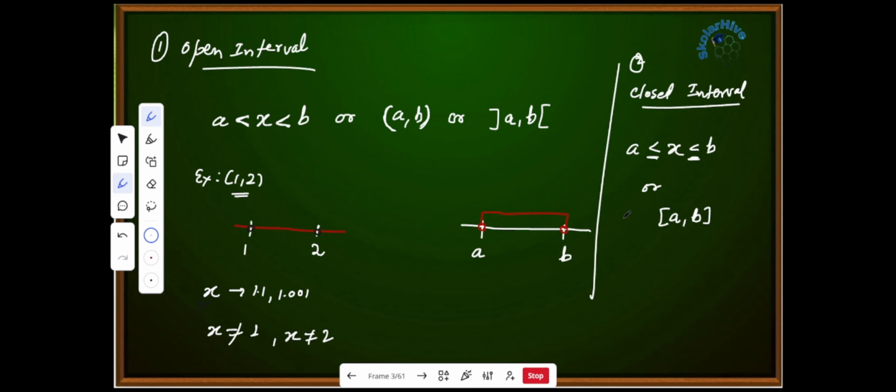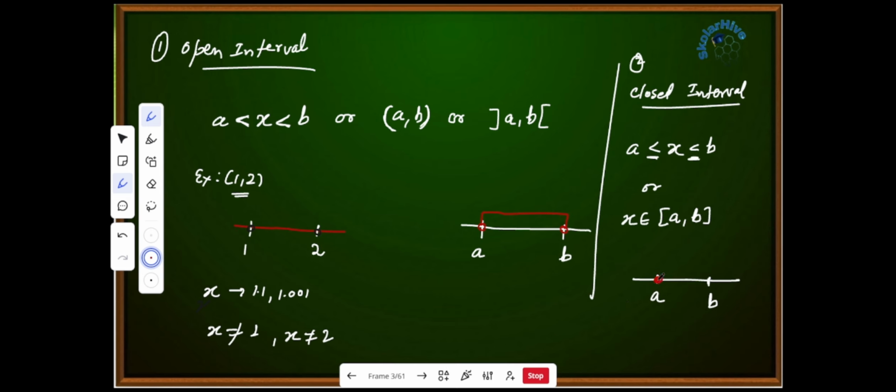So it says that x belongs from a to b. It means we are having all the values from a to b, in which a and b both should be included.